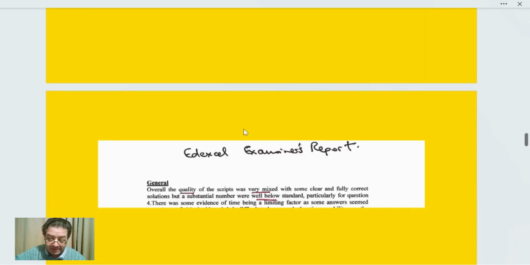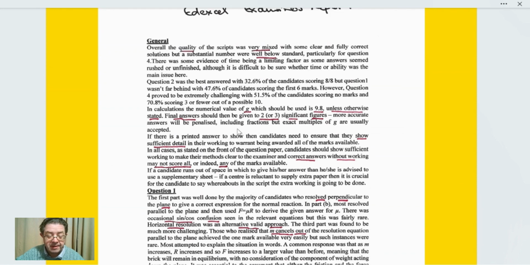So maybe a quick peek at the mark scheme, at the examiner's report, I should say. So overall in this paper, quality was very mixed. Some very good, some less good. A reminder that the numerical value of g should be 9.8 unless otherwise stated. We didn't need it in this first question.